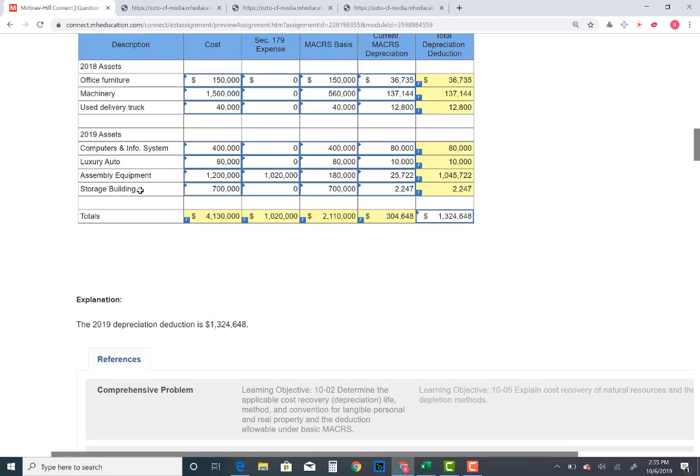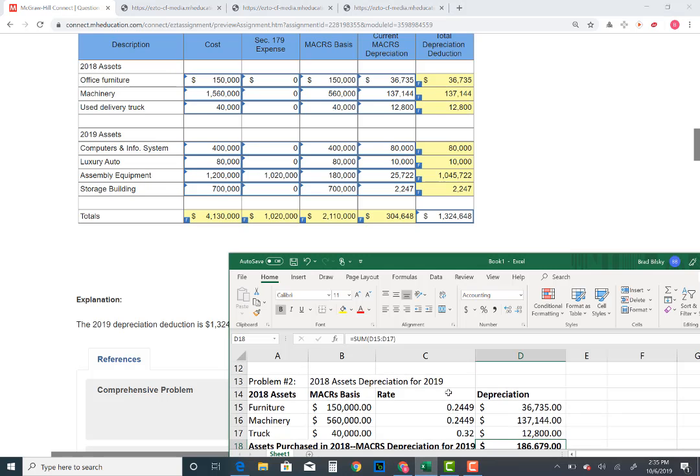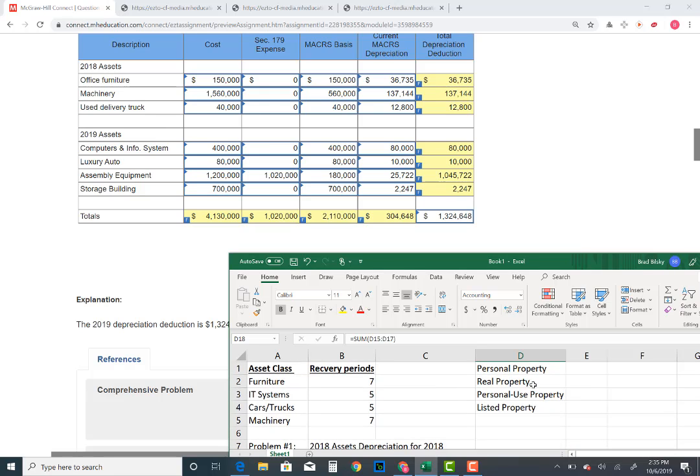A storage building, keep in mind, that's real property. So if we go up, that's in the real property section. And let me clarify too that the computer systems and the equipment, that's actually personal property, but it's tangible. It's a real thing. It doesn't fall in the real property category. So I might have misspoke there earlier.